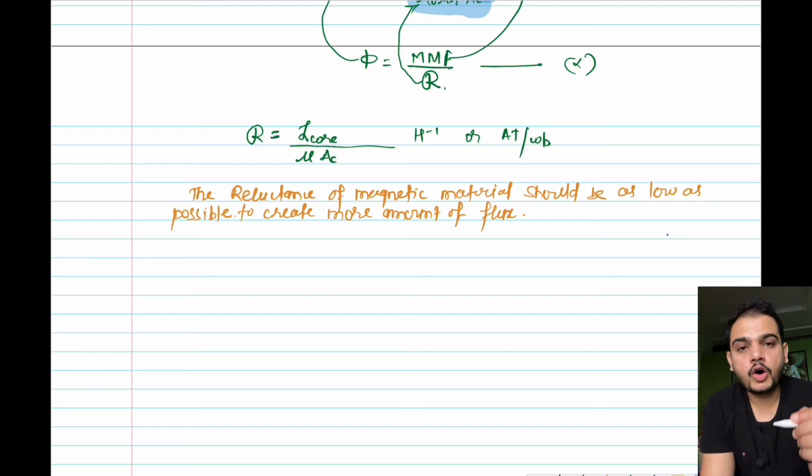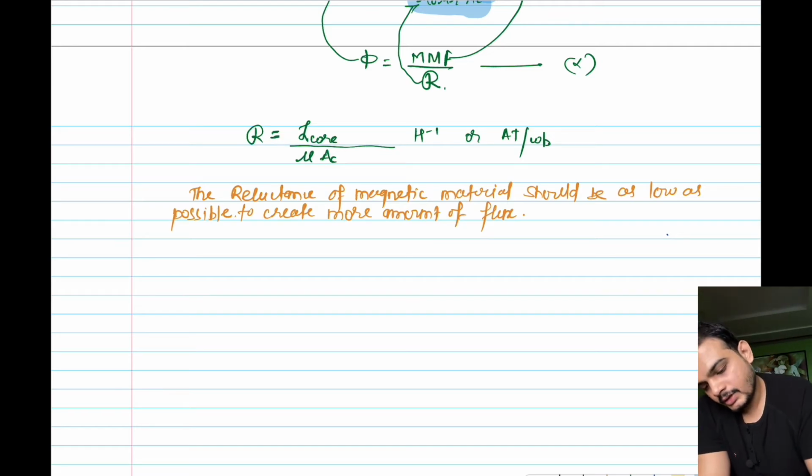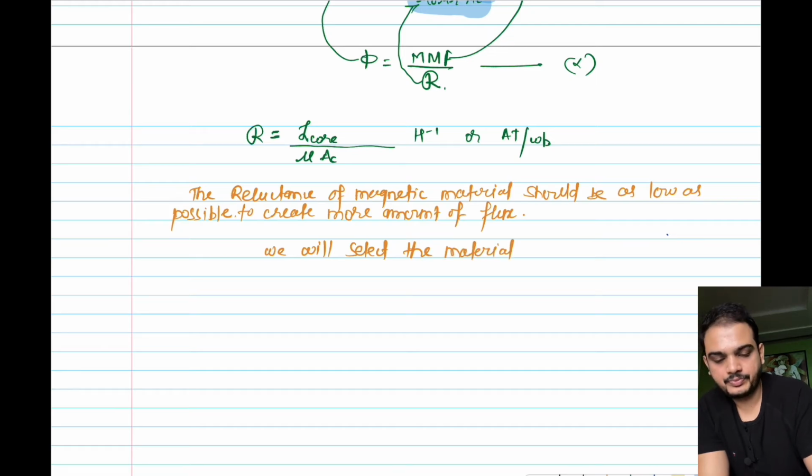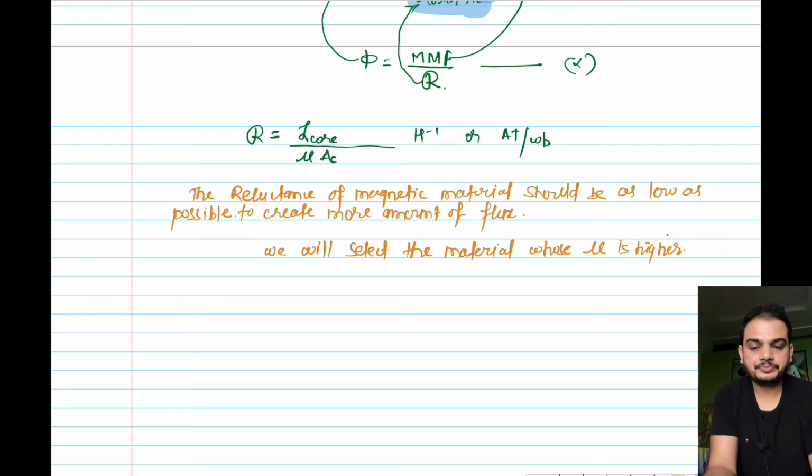So we will always choose our material which has a higher permeability value. We will select the magnetic material whose permeability mu value is higher. For example, in our transformer or any electrical machine, we will use steel material.